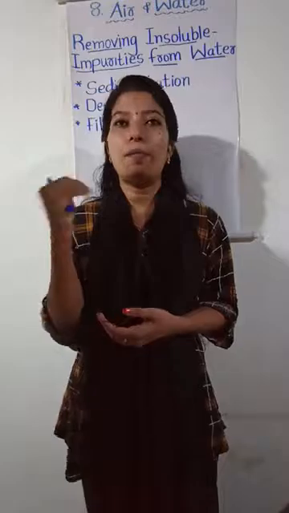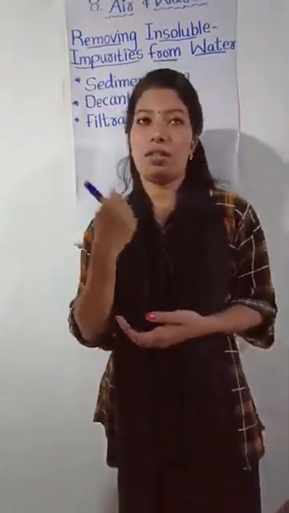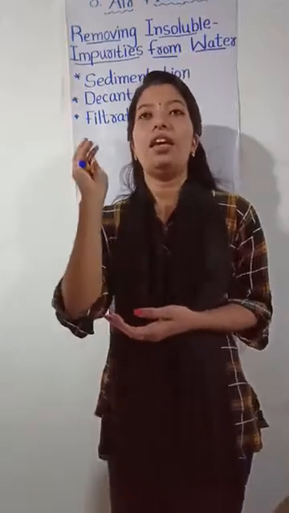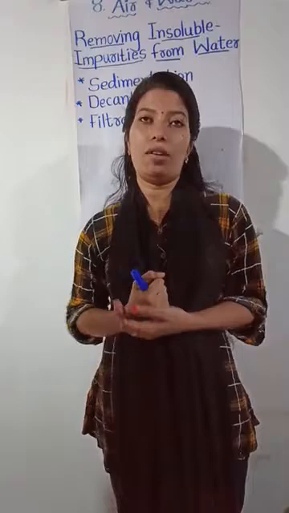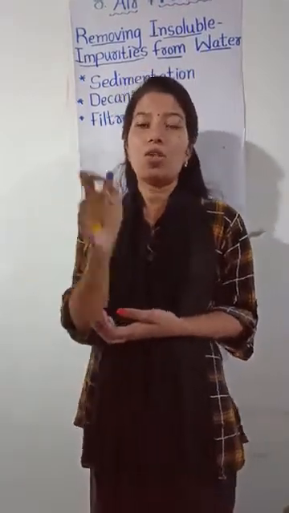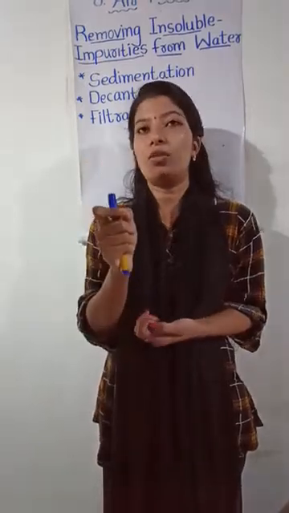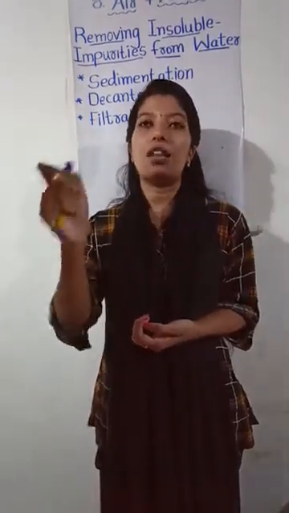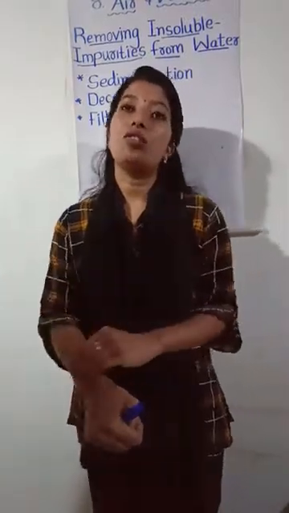Removing insoluble impurities. We can remove insoluble impurities from water. As we discussed, there are two types of impurities, soluble and insoluble. Soluble impurities are the ones that get dissolved in the water, for example, salt.